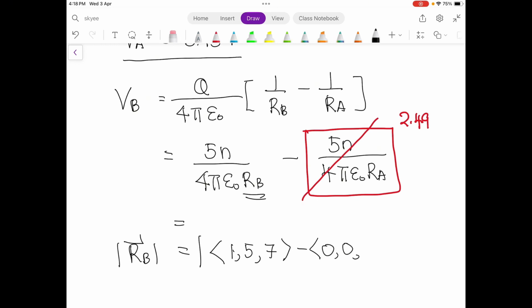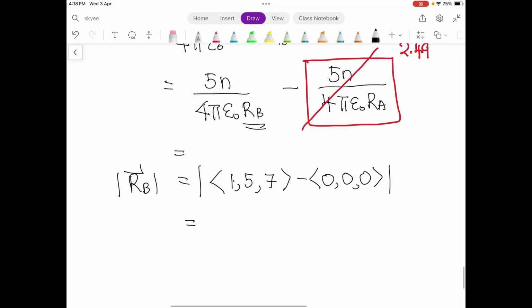So RB equals the square root of 1 plus 25 plus 49, which is the square root of 75. You replace the RB here with the square root of 75.